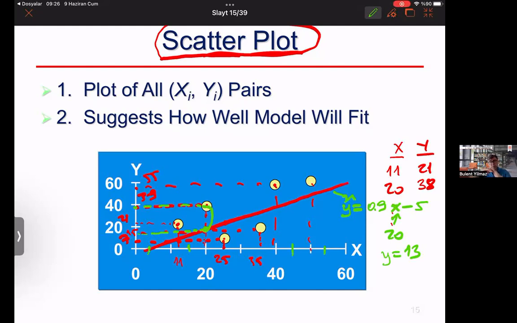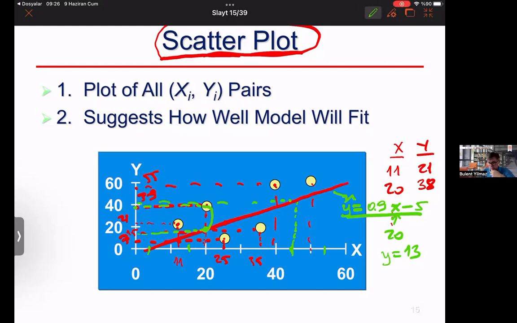By coming up with a model that will fit best with these available data, I can now easily find out the relationship for any x value to predict any y value, right? For example, what is the value when x is equal to 45? We're going to come up here, using this equation, you're going to find out the y value. Okay, that's how we will use this concept also.